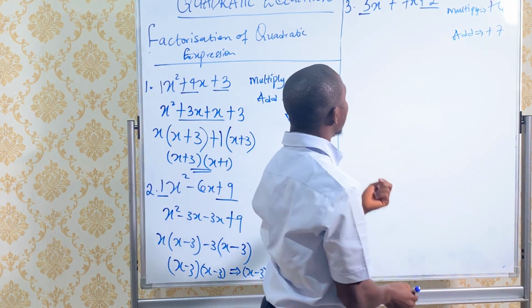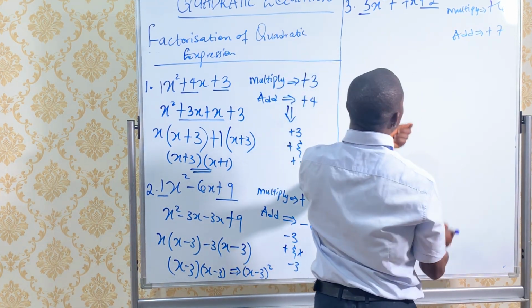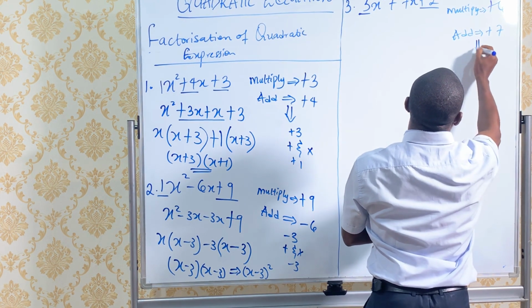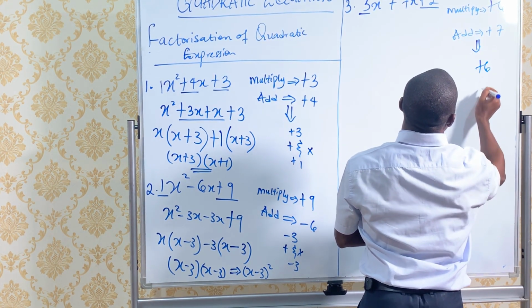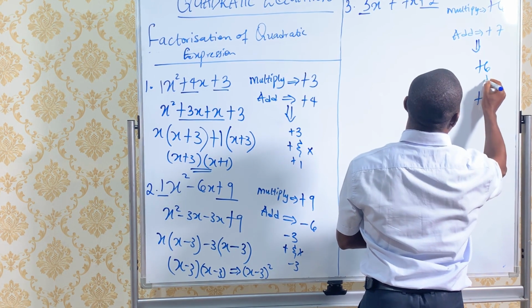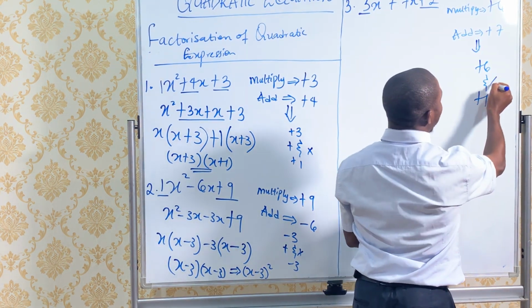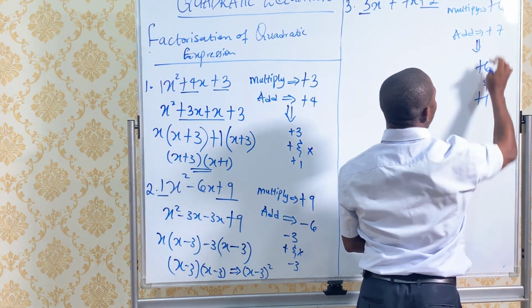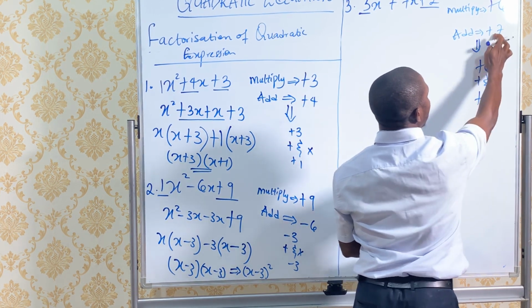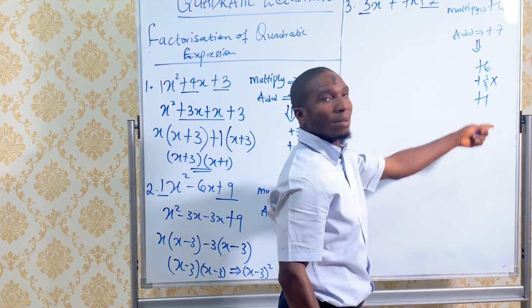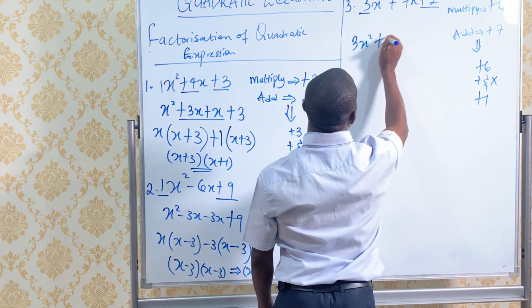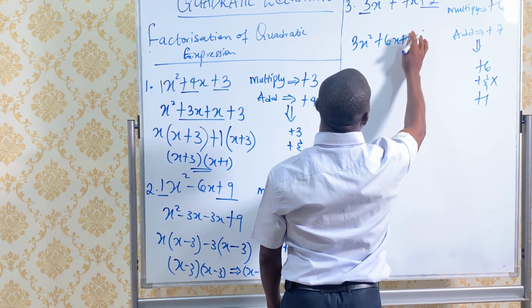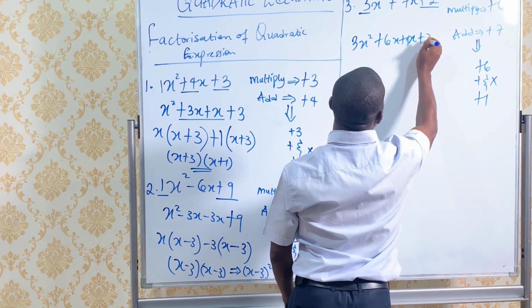The two numbers can easily be 6 and 1. When we multiply them, we get plus 6, and when you add them, you get plus 7. So the numbers are plus 6 and plus 1.